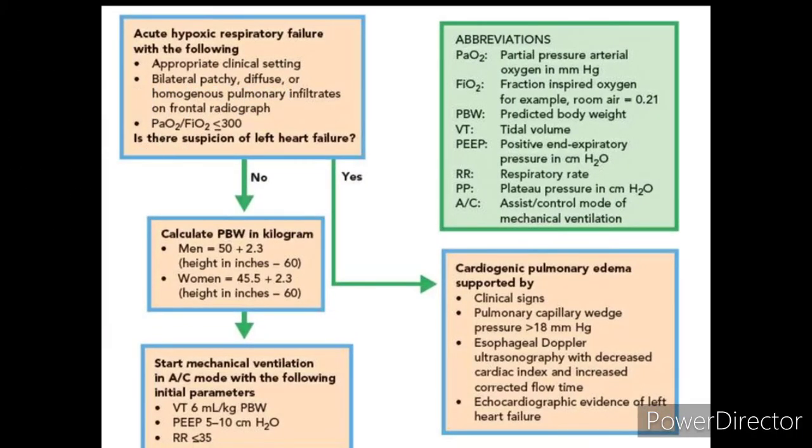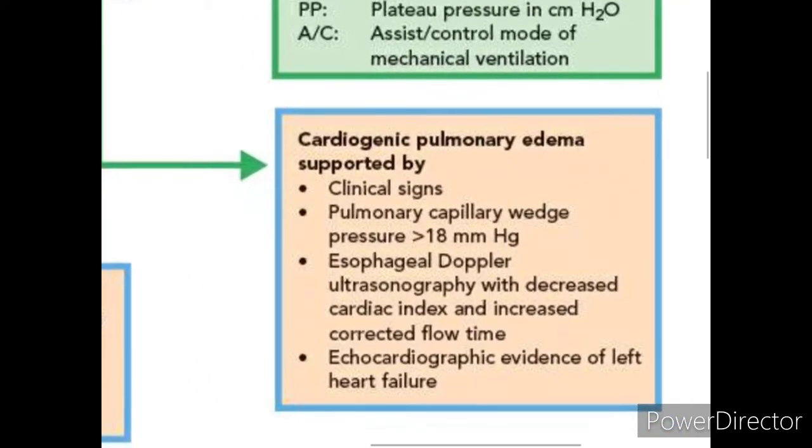Here is a flow chart from Washington Manual. As you can see, if the patient presents with features suggestive of acute hypoxic respiratory failure, in the appropriate clinical setting with X-ray proof and PF ratio less than 300, the first thing is to rule out left heart failure. These are the signs that help you identify cardiogenic pulmonary edema.